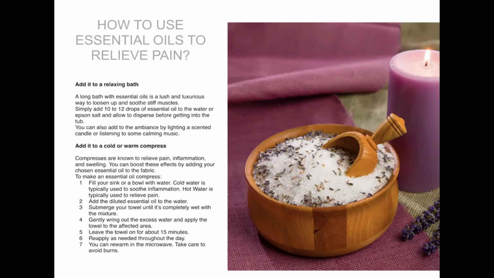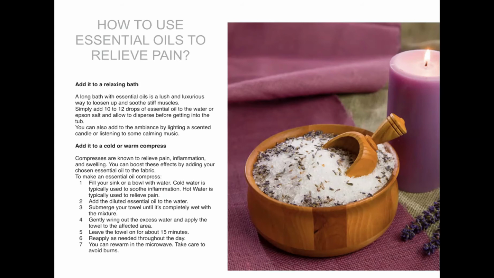Now, some people like to put the oils directly in water. Personally, I like to use some Epsom salt, and I just put the drops in the salt. I leave it to rest, and then I put it in the water. I think it's just a nice way to help the body relax, and it is more soothing for the muscles.